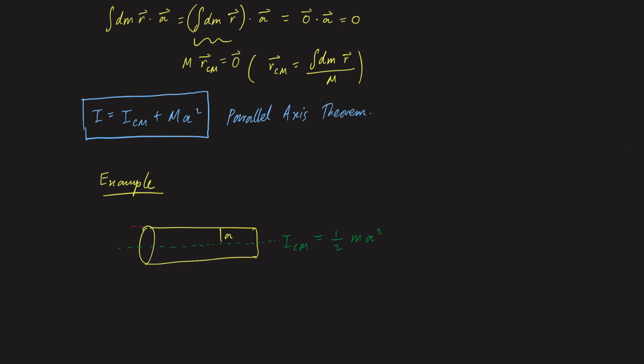If we wanted the moment of inertia through an axis that passes through its edge, then that is equal to I cm plus m a squared. So that's 1/2 ma squared plus ma squared, which gives us 3/2 ma squared.